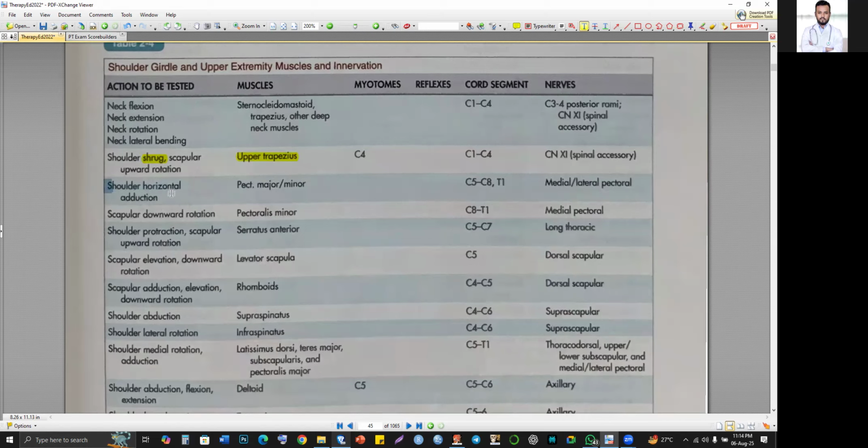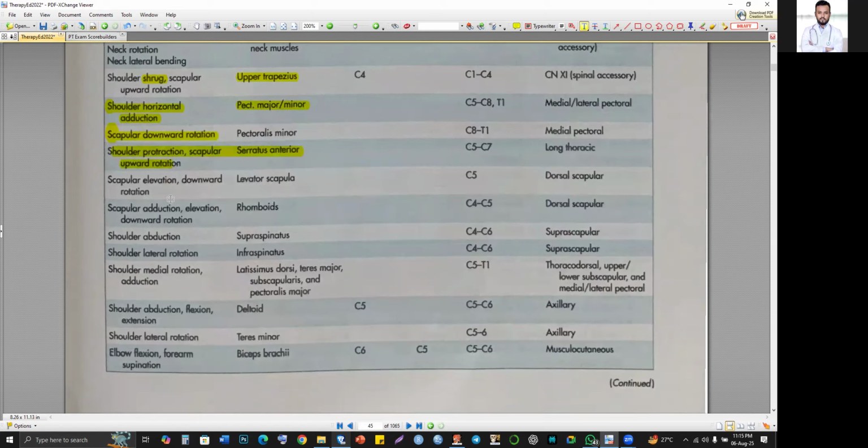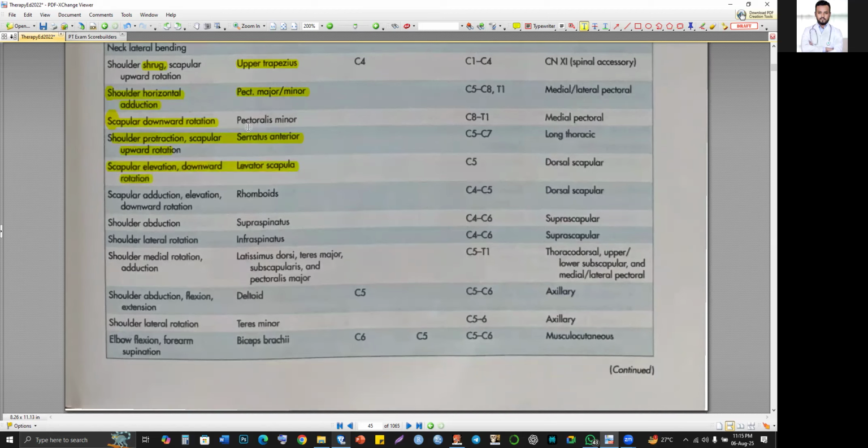Shoulder horizontal adduction is done by pectoralis major and minor. Scapular downward rotation is done by pectoralis minor. Scapular protractors are serratus anterior, also the scapular upward rotators. Then scapular elevation and downward rotation is done by levator scapulae.